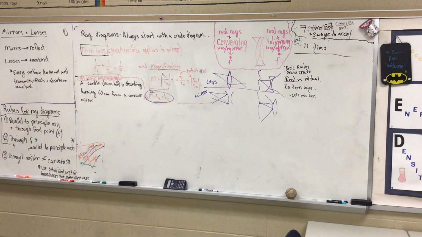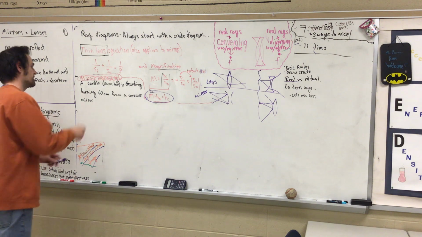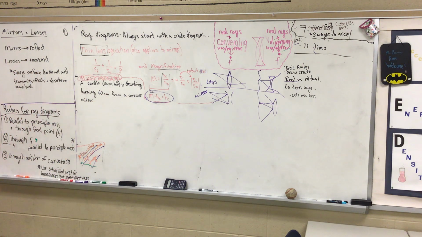Oh, I didn't finish writing this problem. All right, a 10 centimeter tall candle is burning 60 centimeters away from a concave mirror with focal length 20 centimeters.